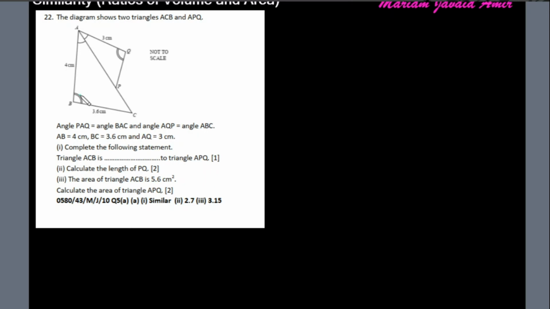Now notice in these two triangles, this angle is equal to this angle and this angle is equal to this angle, which means their third angle would automatically be equal, because when two angles in two triangles are equal, their third angle is also equal. So these are similar triangles since all angles are equal. So you simply write similar over here.